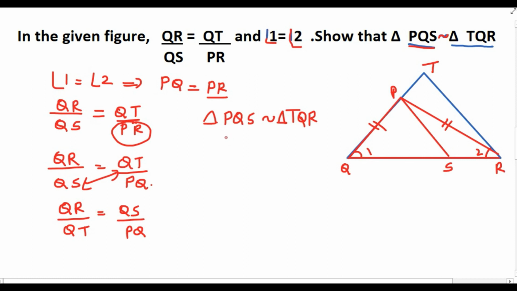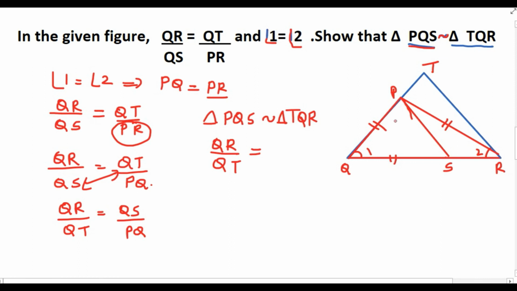So here if you consider this triangle, one is this PQS and the other is TQR, big triangle and the small triangle. We can see that already we have got this relation, that is QR divided by QT is proportional to this side.